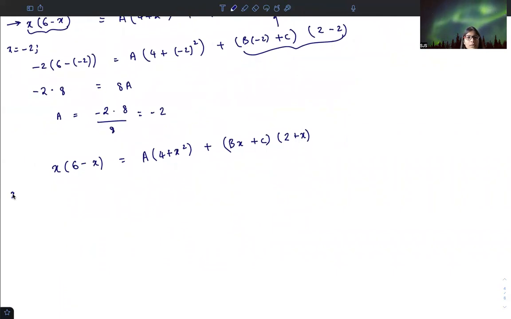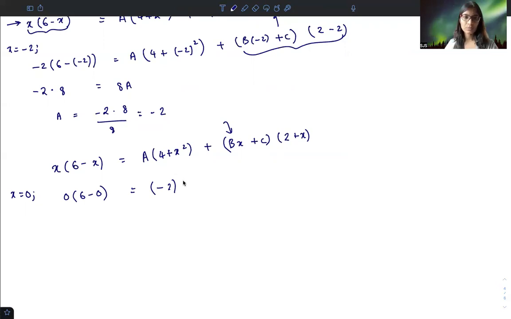Let's now put x is equal to 0. Why are we putting x equal to 0? So I can eliminate b. So 0 multiplied with 6 minus 0, this whole thing will become 0, is equal to a. Now we have the value of a, which I can put here, -2. The first time when I was trying, we didn't have the value of a.